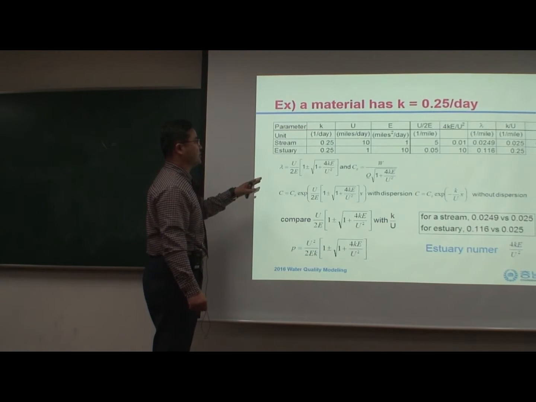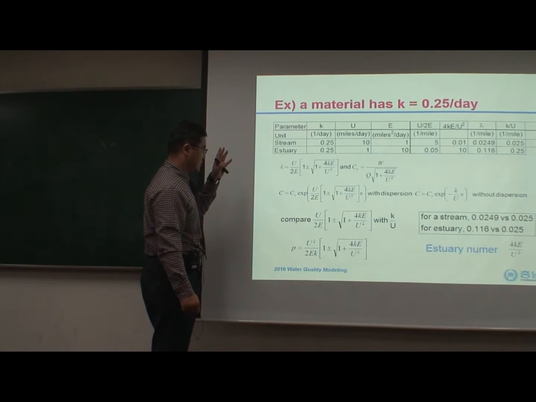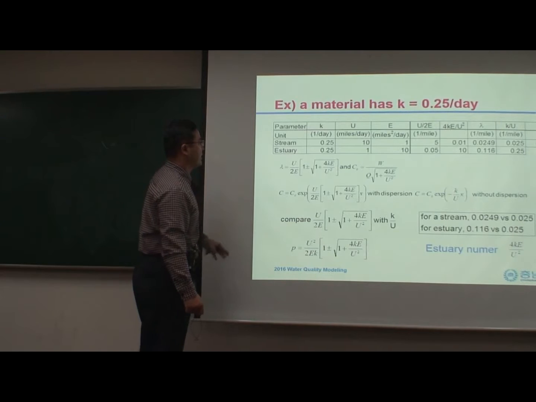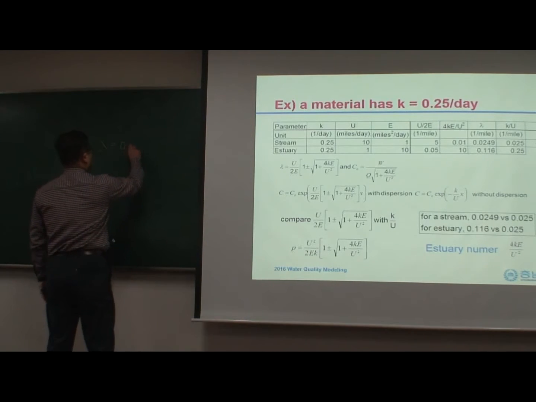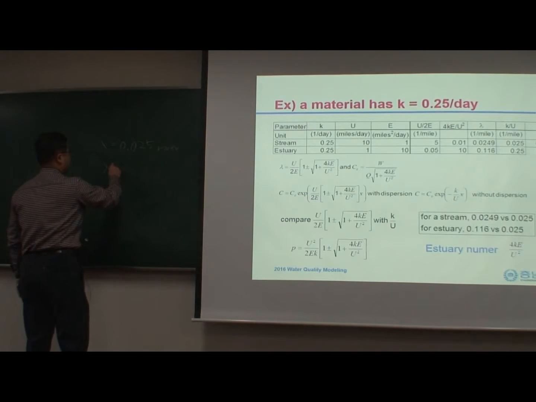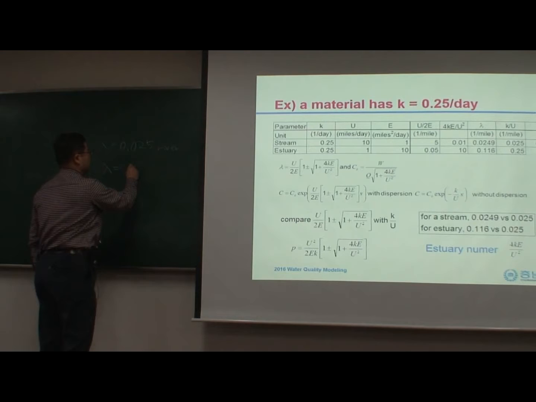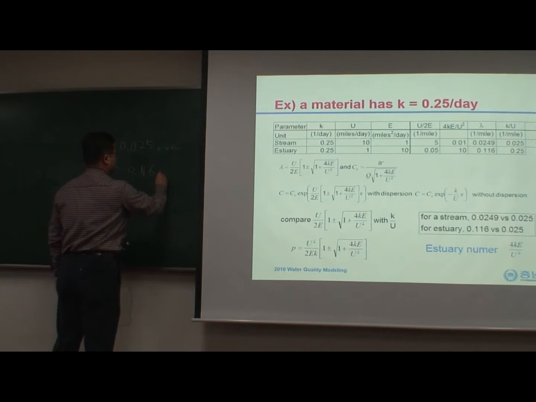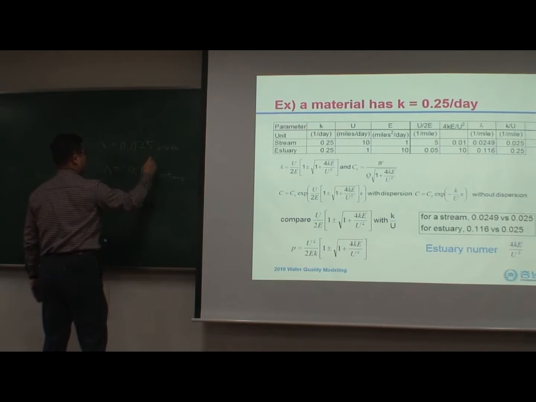In this case, we are going to just think about the plus term only, okay? And 0.025 is for the river. And lambda for the estuary is 0.116, which is a lot bigger, right? Okay.